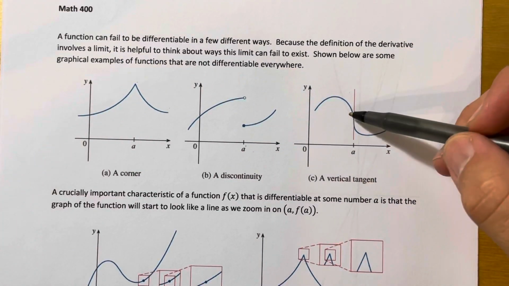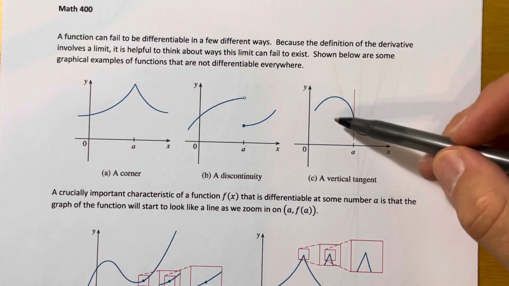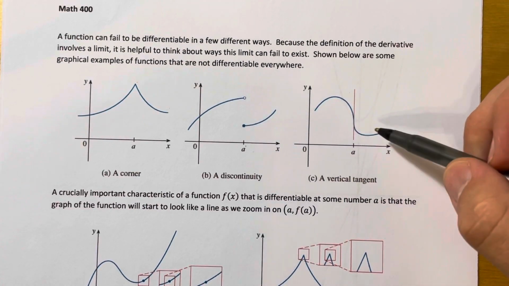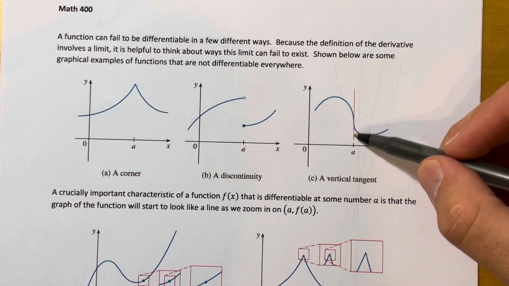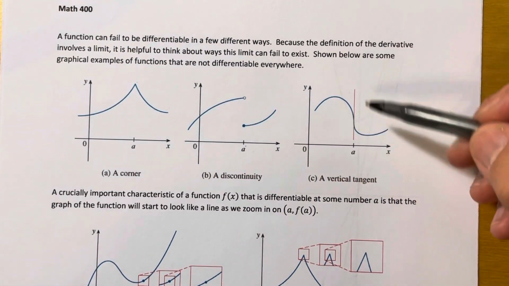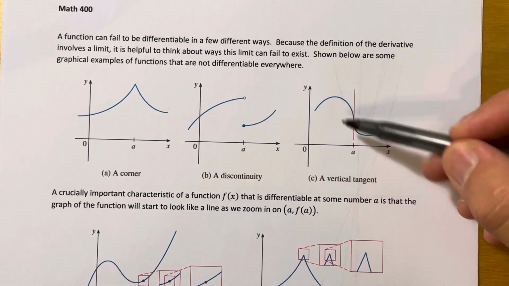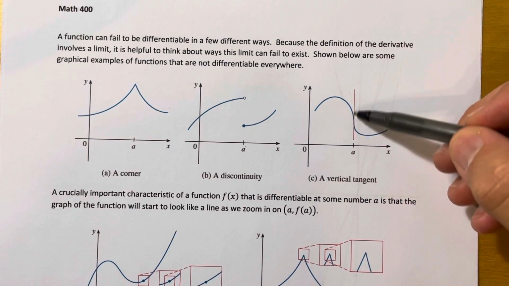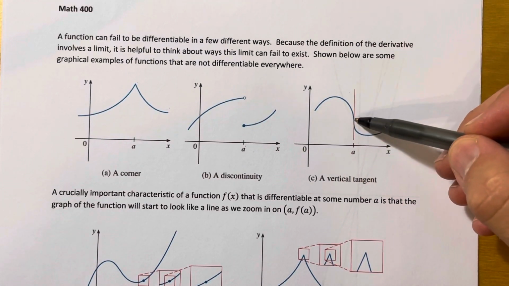In this third example, at a, we don't have a discontinuity and we don't have a corner or a cusp or anything like that. But what we do see is a vertical tangent. It's hard to see that sometimes, especially if you're doing a rough graph by hand, but there are several functions that do have vertical tangent lines at a specific point.